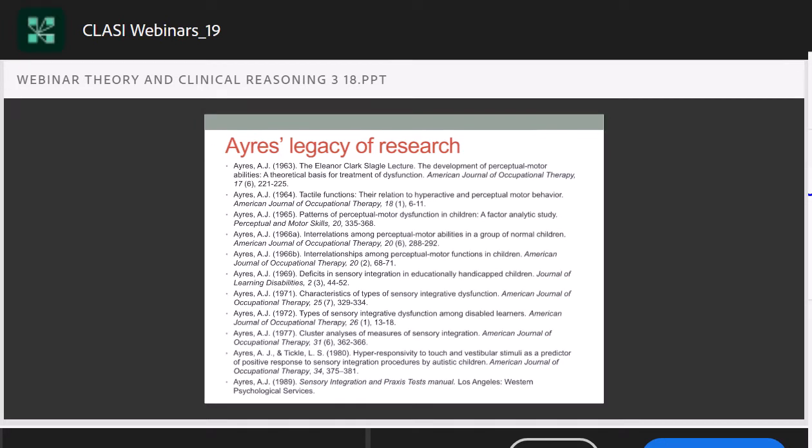And then she, of course, re-standardized her tests and published those in 1989, and quite a few research projects were published in the SIPT manual.